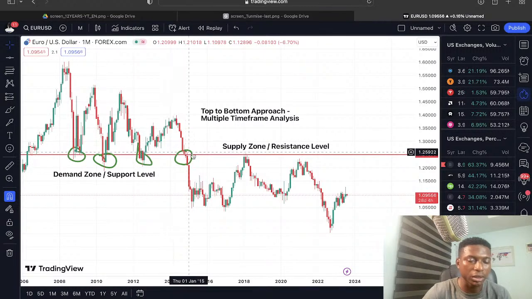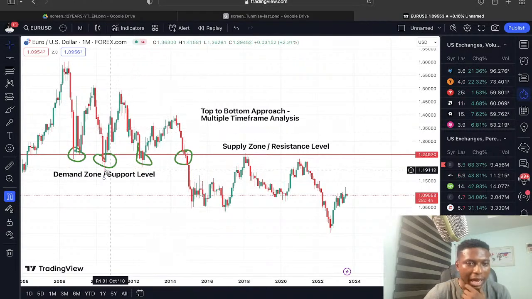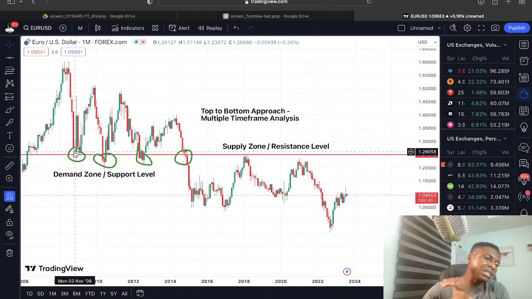As you can see here, the more price touches a particular level, the weaker the level becomes. That's why when price came and touched it for the first time, it created what I call a footprint. Price came again, touched it the second time, created another footprint.